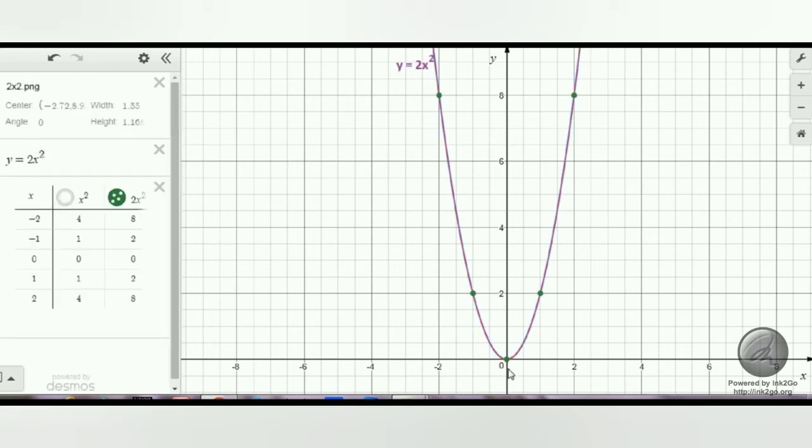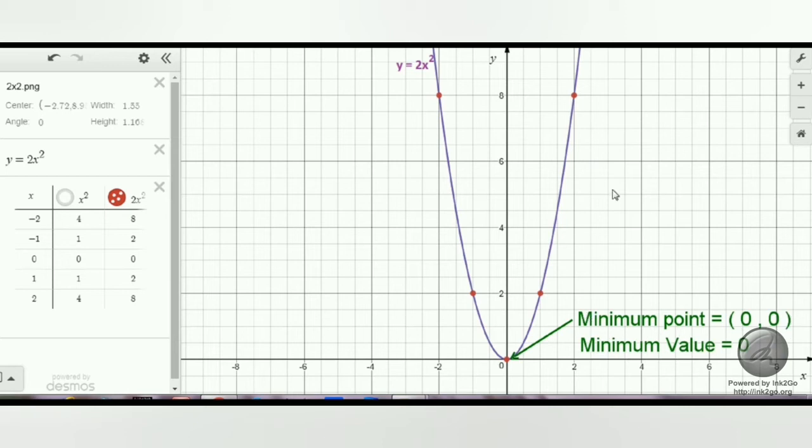Now let's see some properties of this function. There is an important thing you have to remember. That is the difference between the minimum point and the minimum value of the function. The minimum point is 0, 0 and the minimum value is the y value of the minimum point.